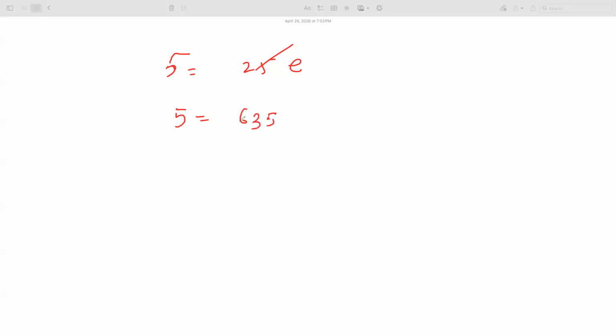Okay, how about this? If I give you this, how do you work this out? 5 will be equal to 625 e power of 0.02x.